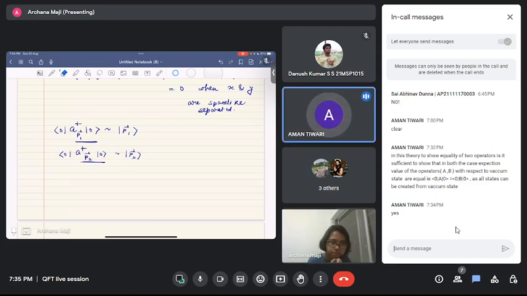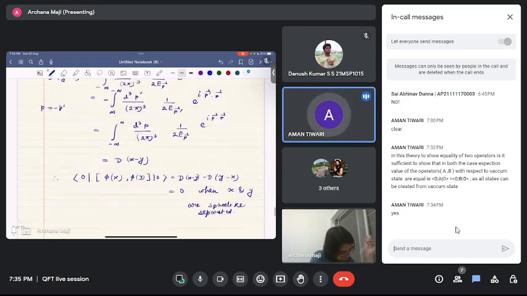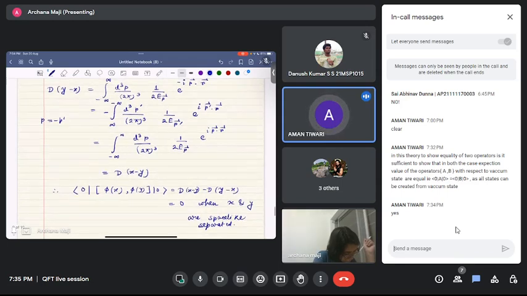I was asking about the commutator, the operator which is shown to be 0 in this question. So I was thinking that to show it is 0, you have taken the expectation value with respect to the vacuum state to show that the commutator is equal to the 0 operator.